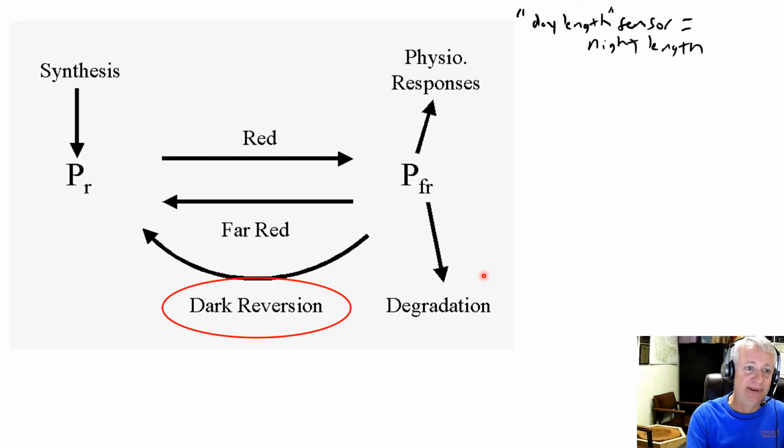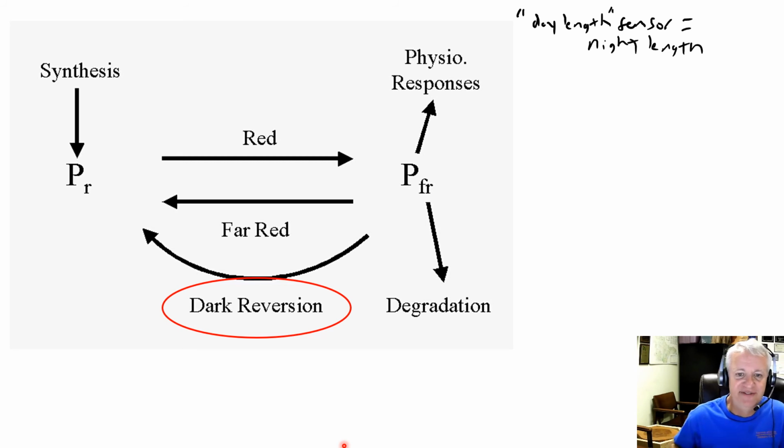And when that happens, you don't get the long night length response. So by breaking up that night length, they determined it's actually the length of the night that determines those day length responses. But we still often call those day length or photoperiod responses.